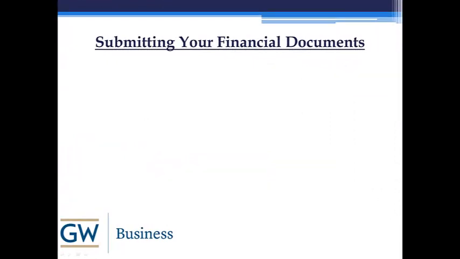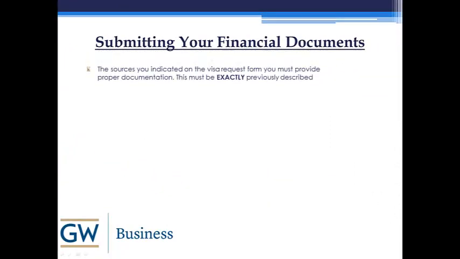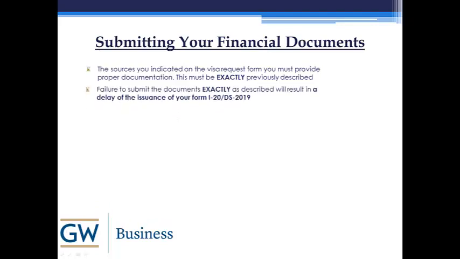Submitting your financial documents. For each source of funding you indicated on the Visa Request and Financial Certification Form, page 2, you must provide the proper documentation exactly as previously described. If proper documentation is not received, it will delay the issuance of your Form I-20 or DS-2019. We will not be able to issue you the Form I-20 or DS-2019 until all of the proper documents are submitted.